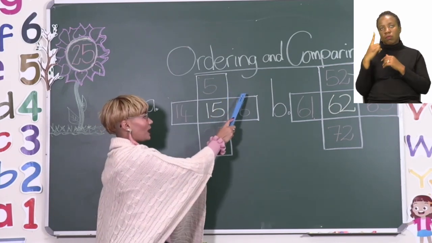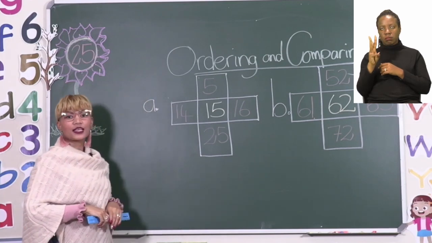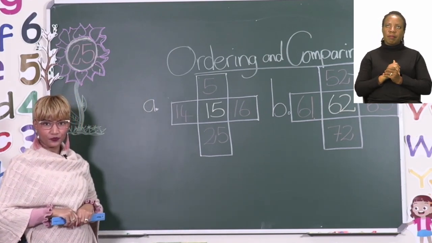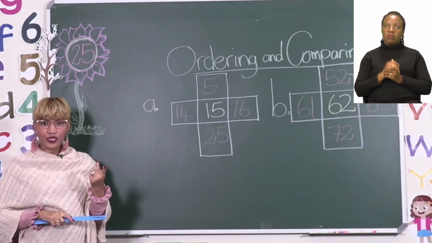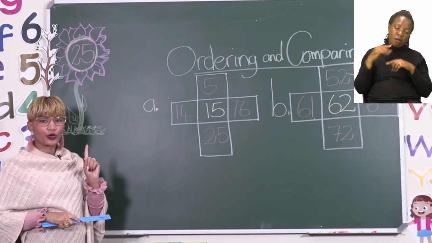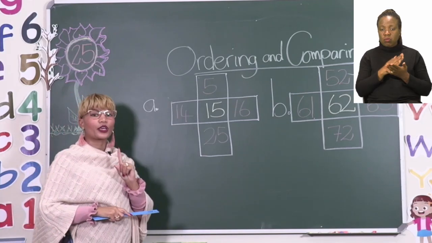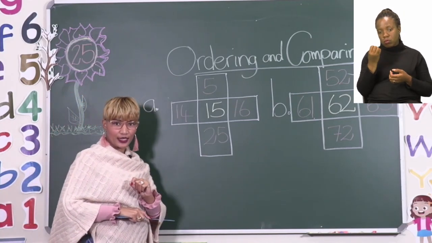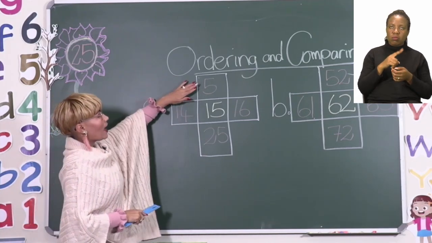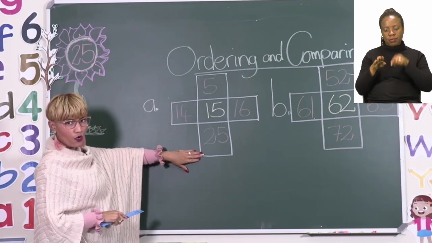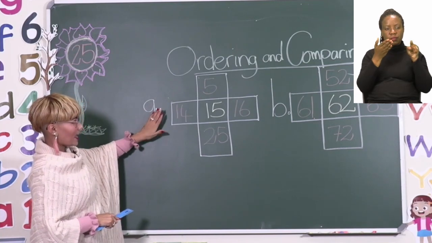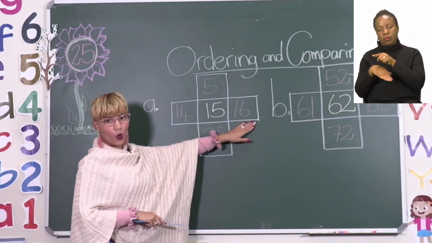So 15 plus 1 is 16. Remember everyone, you can always go back to the example to just make sure if you have done your calculations correctly. Remember, 10 less, 10 more, 1 less and 1 more.